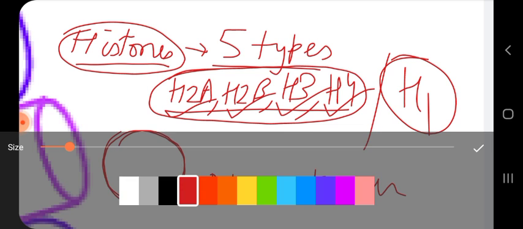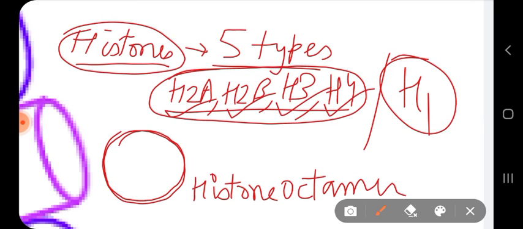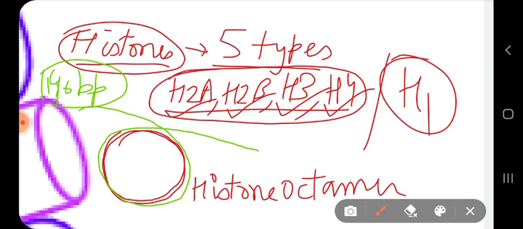Within this histone octamer, about 146 base pairs of DNA are coiled around the histone octamer. In this way coiling occurs, and it makes a more folded structure.